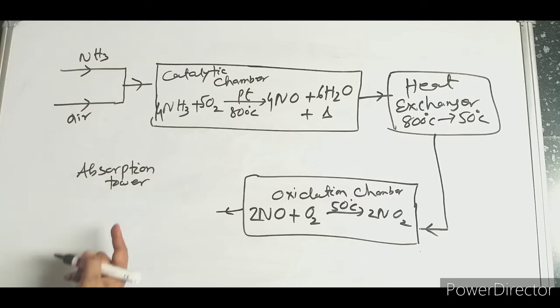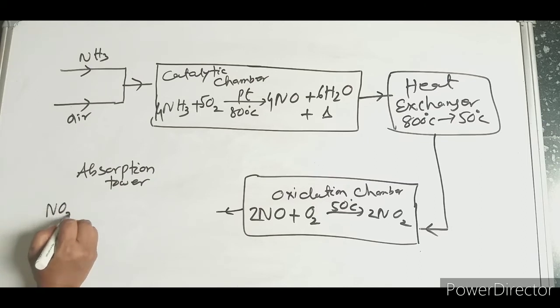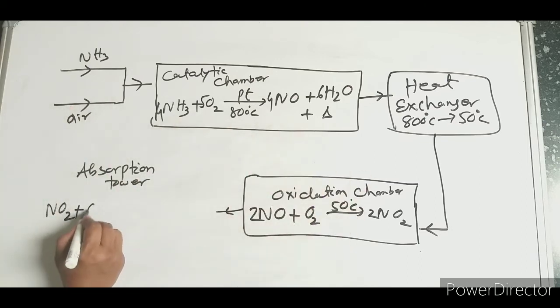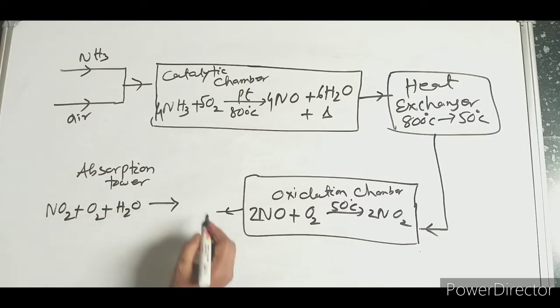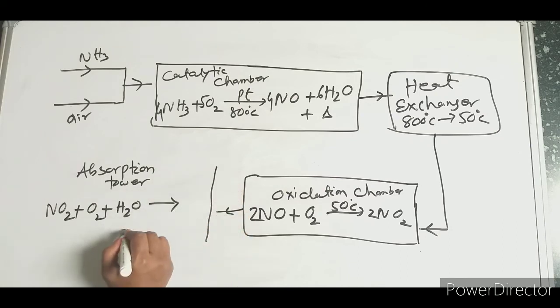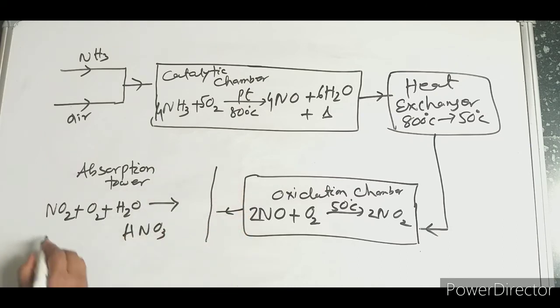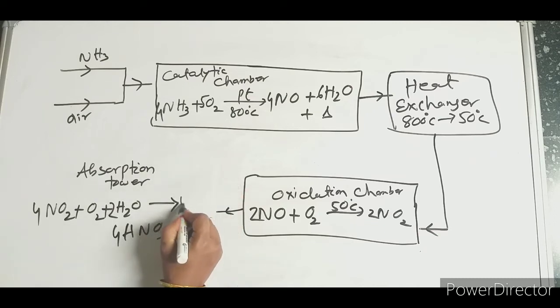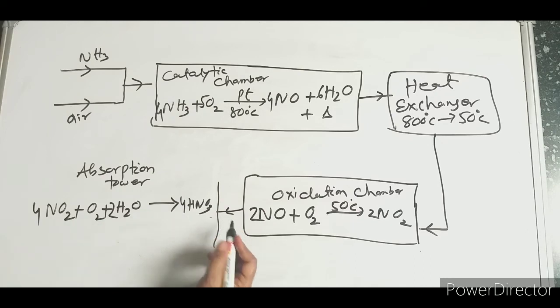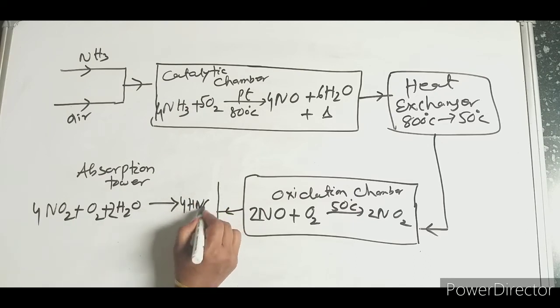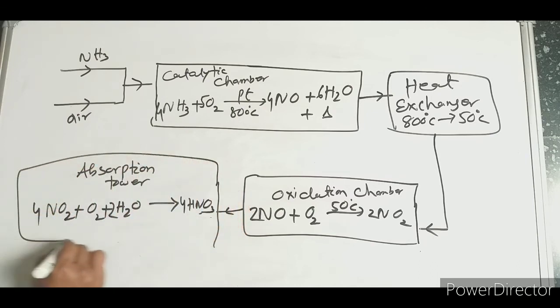What reaction takes place at the absorption tower? NO2 with oxygen continuously coming in is absorbed in water. The product is HNO3.